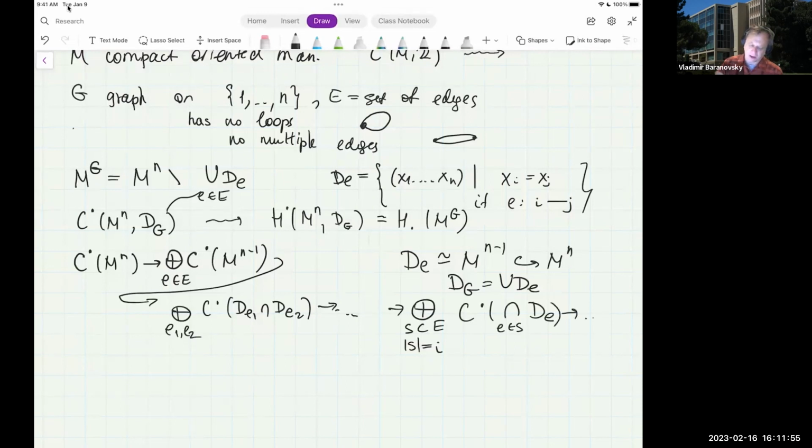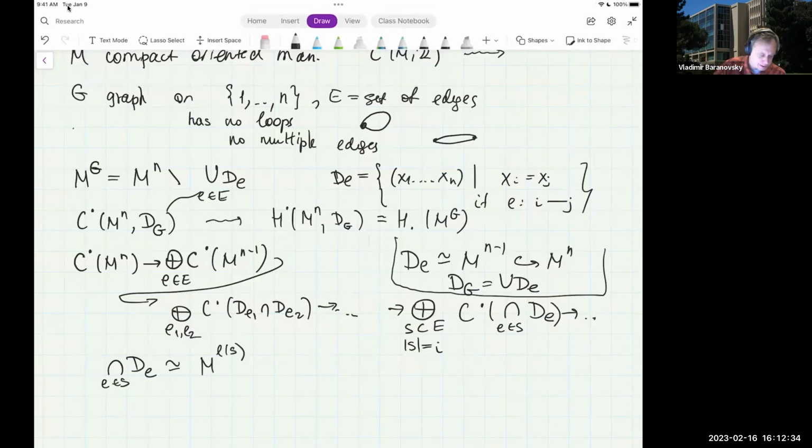Okay. And so the arrows are fairly straightforward combinatorial arrows induced by the embedding of iterated intersections of the diagonals into the diagonals themselves, and so on. Now, we can also say that this intersection of double diagonals over a certain set of edges can be identified with a Cartesian power, but of some degree that depends on the choice of a subset.